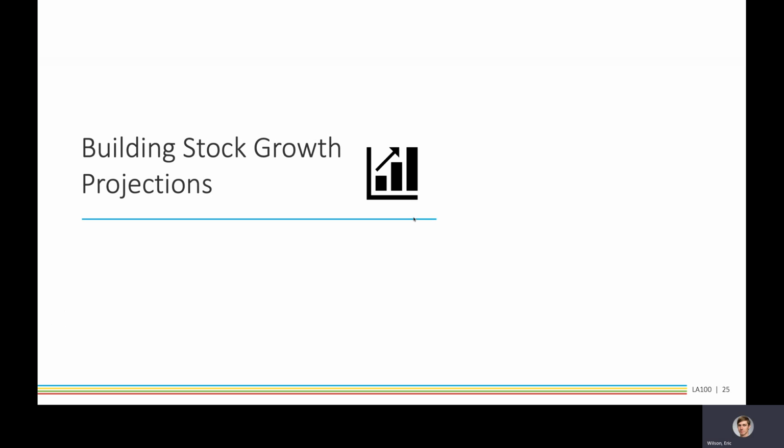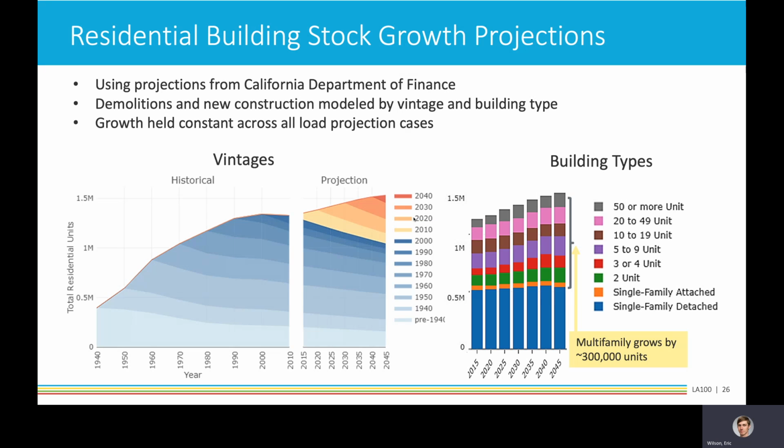Okay, so first touching on the building stock growth projection. We used projections from the California Department of Finance and modeled out demolitions and new construction of residential sector by vintage and building type, so multifamily versus single family. And then we had a certain level of demolition of older buildings and projected new buildings in each decade.